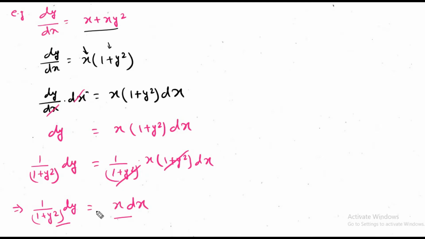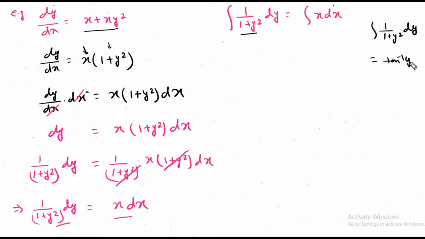Now both variables are separate from each other, so the further step is integrating both sides. Integration of 1 by 1 plus y square into dy is equal to integration of x into dx. As we know, the integration of 1 by 1 plus y square dy is tan inverse y.